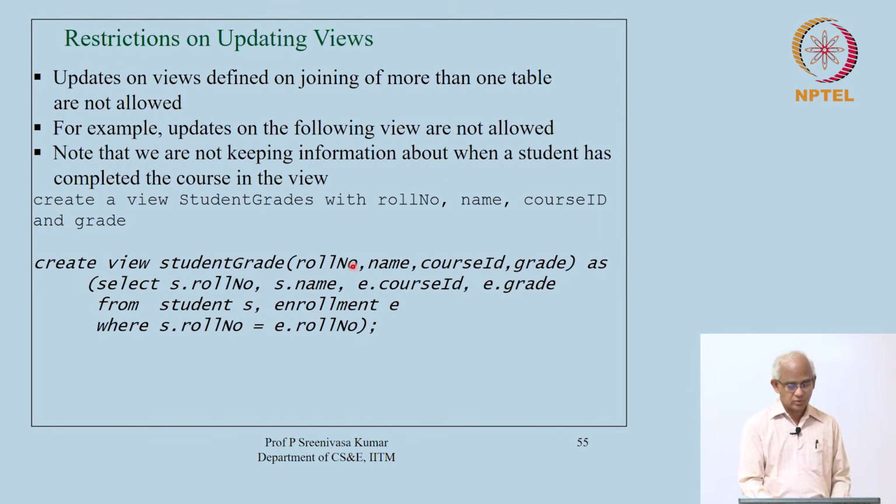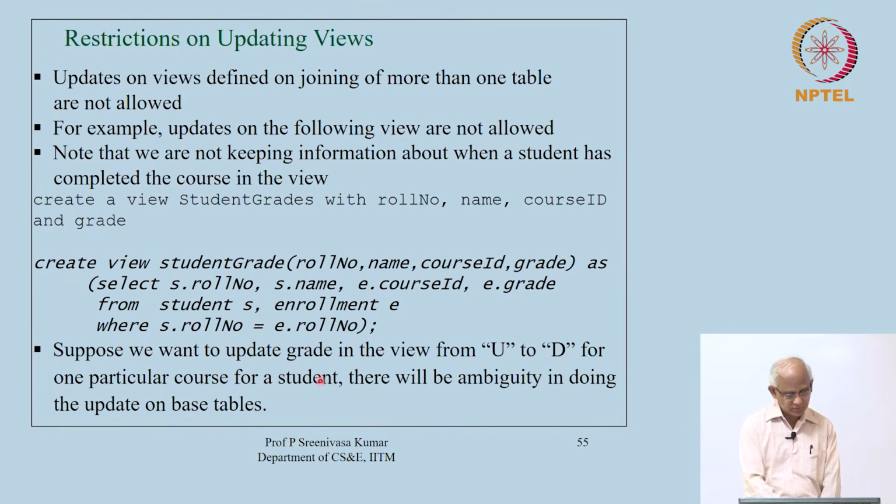Now, let us say you want to do this upgrade, saying that the grade value for a particular course for a particular student has to be upgraded from U to D. There is obviously ambiguity here, because we do not know which of those underlying rows in the enrollment table, for what semester and what year, you will upgrade from U to D, because he has done it 2 or 3 times or so.